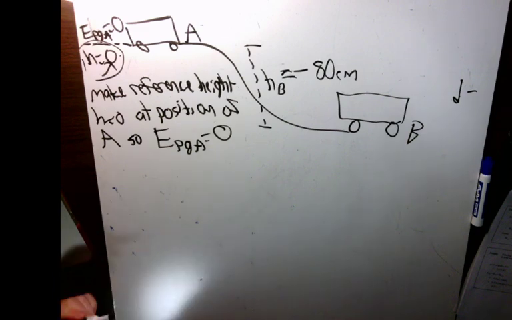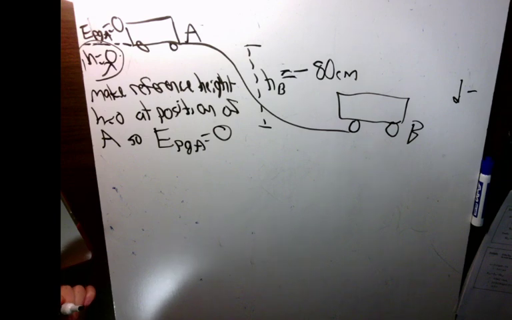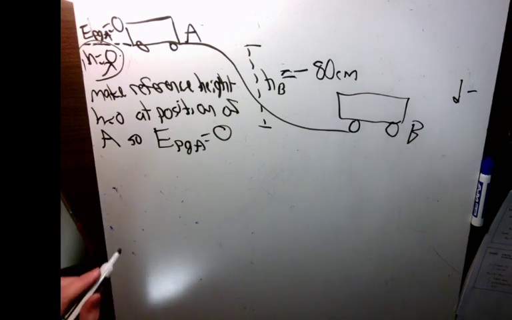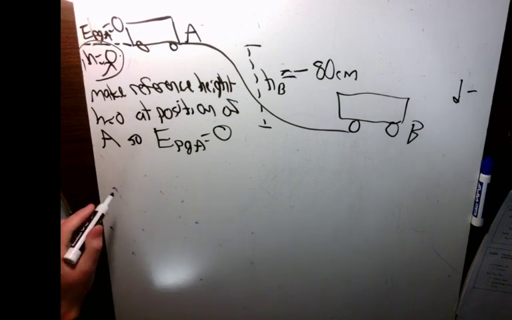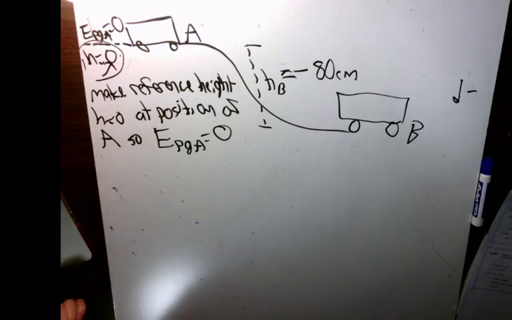So here we're getting into this idea of total mechanical energy. From our last lesson, we know that mechanical energy is the combination of kinetic and potential gravitational. So we're going to need to use the speed of this guy to find its kinetic energy.